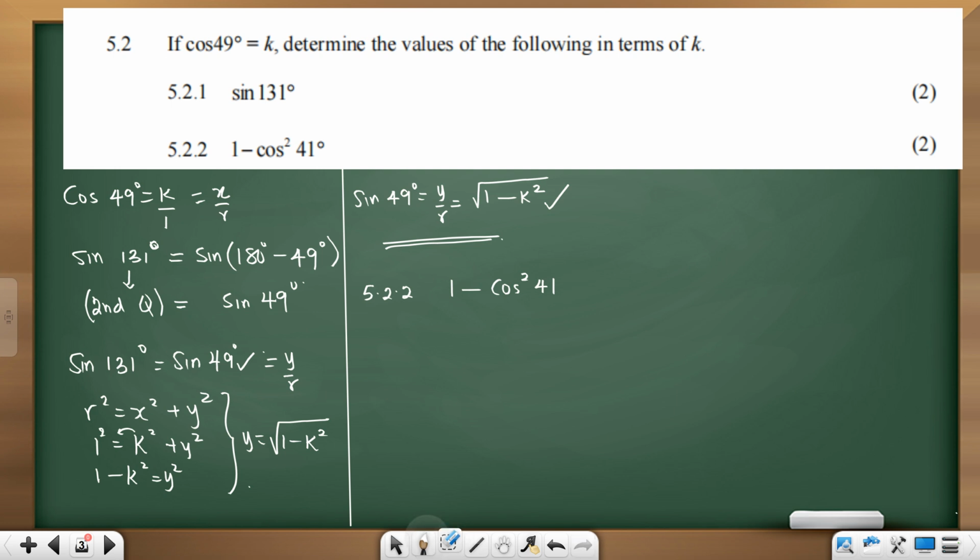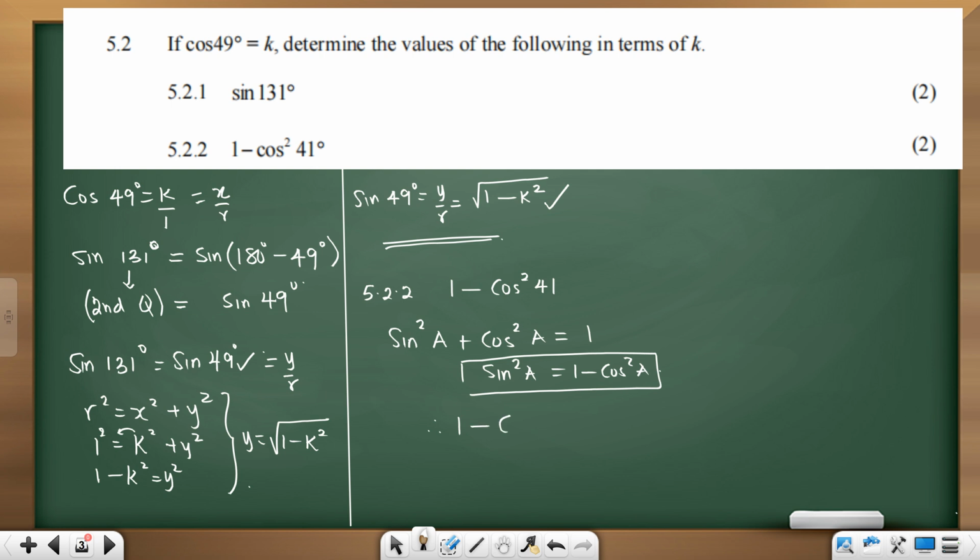I hope you remember this, that sine squared A plus cos squared A equals 1. Check that. There are two things that I can do here. This is one of them. I want 1 minus. So sine squared A is 1 minus cos squared A. Do you notice that this is what I have?